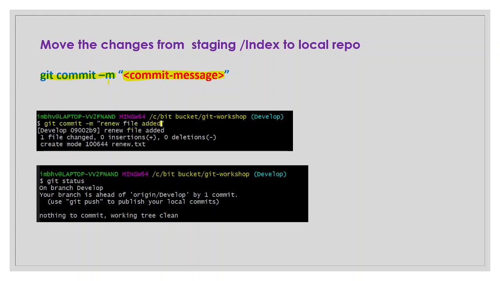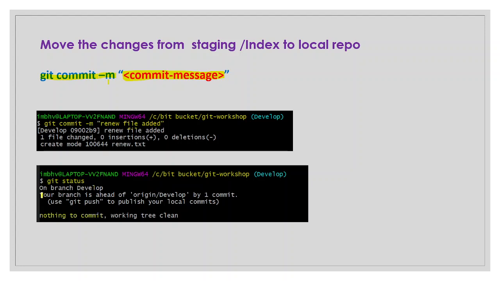Here is the example: git commit -m, and I give a commit message as "new file added". After that, I am trying to get the status. What is the status of my repository working directory? You could see nothing to commit.